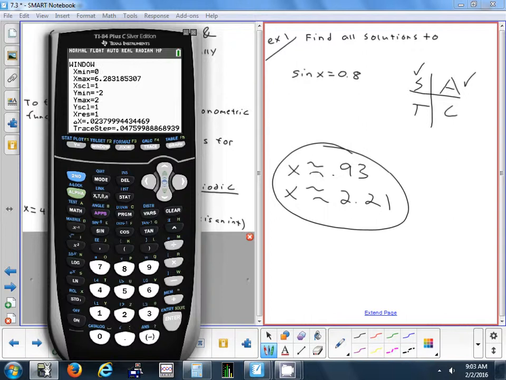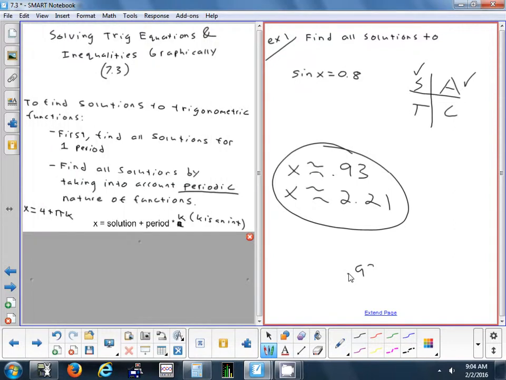The other way you could do it in degrees, if you don't want to change your window: these answers are in radians, so you could take 0.93 radians, multiply by 180, and divide by pi. You could just convert your answer to degrees that way. That's one of the first things we learned about changing radians to degrees. Any question on how you do it on the calculator?